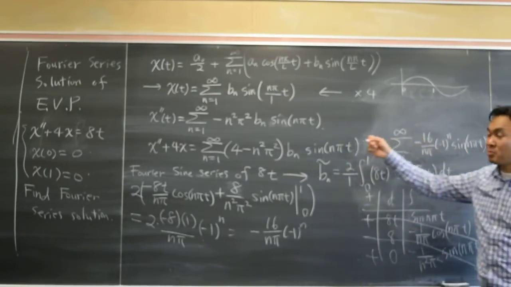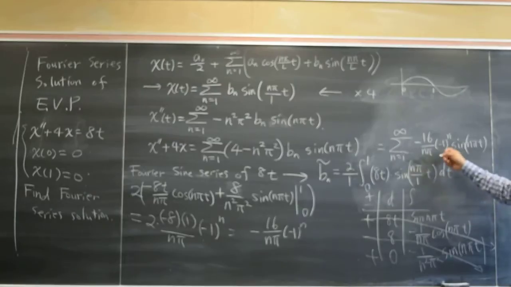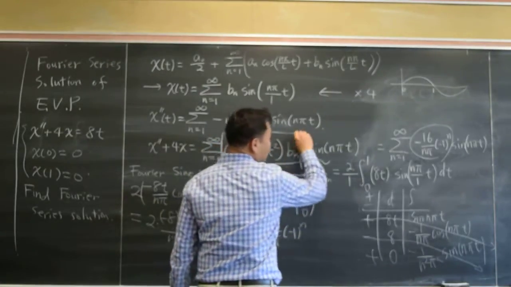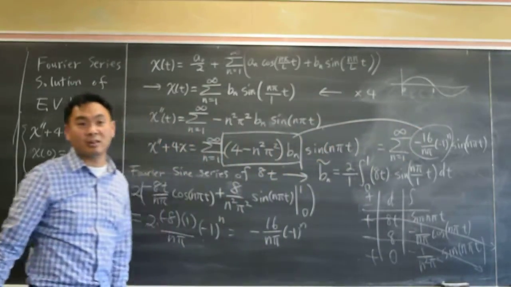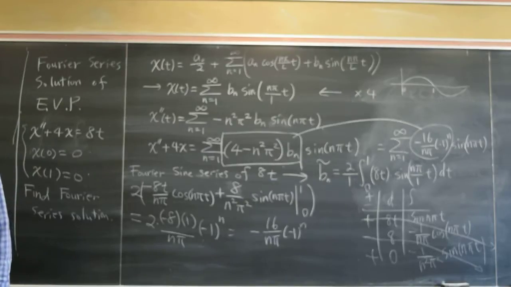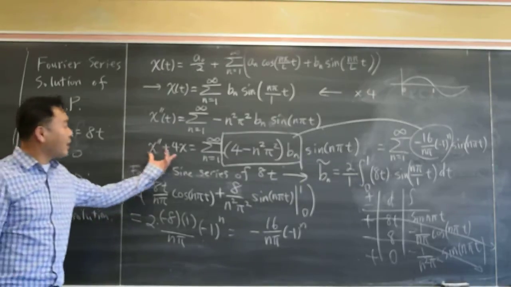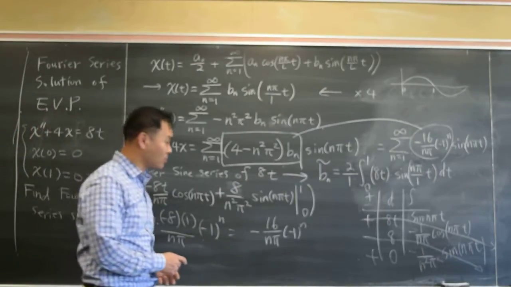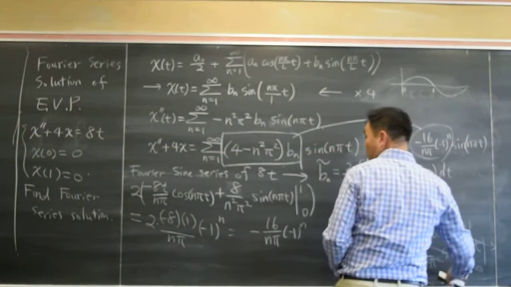They both have sine n pi t. And then you have this number in front of sine n pi t, whereas on the left side you have this. So shouldn't these two equal each other? If those two are equal, then the left side and the right side will be perfectly matching, and therefore you're going to have the solution. So that's what you have to do.